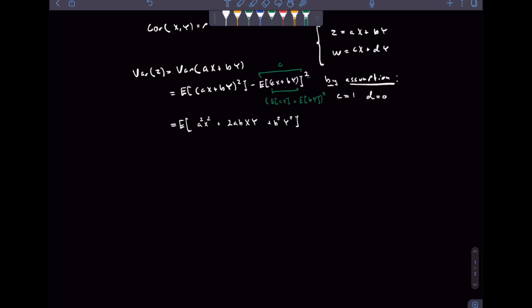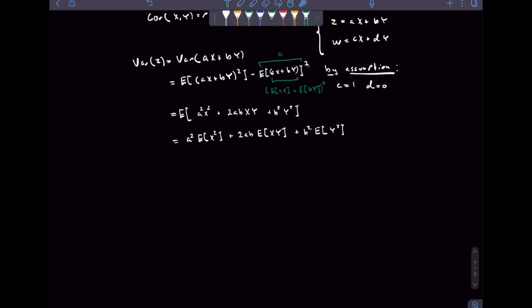Now we can use linearity of expectation again, and pull out the constants: a squared expectation of X squared, plus 2ab expectation of XY, plus b squared expectation of Y squared.